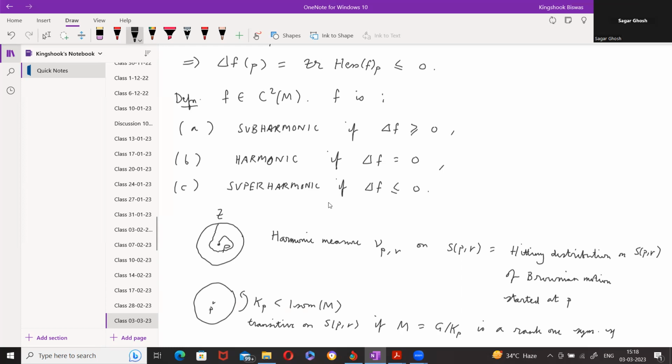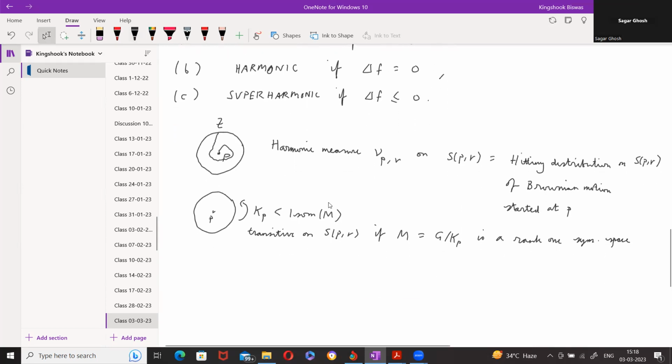If you don't know what a symmetric space is, I don't want to get into this too much. A symmetric space just means, if I take a point P, you have a map called the geodesic involution, a locally defined diffeomorphism near the point P. Basically, you take a point Q near P, on some geodesic passing through P at a distance, say, t.